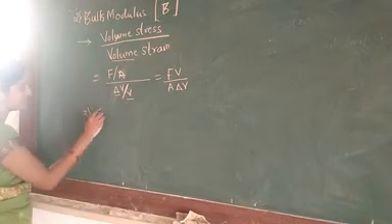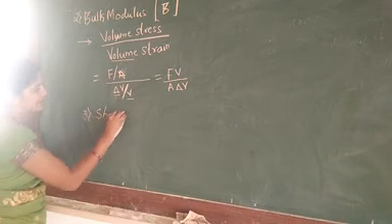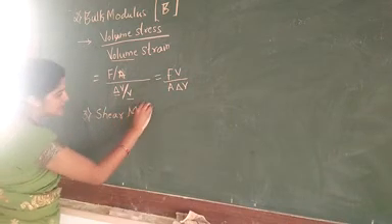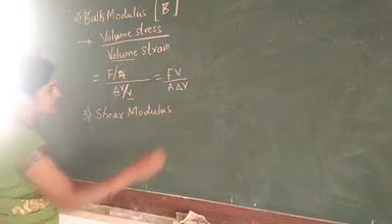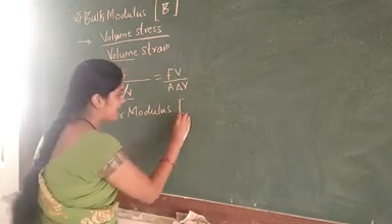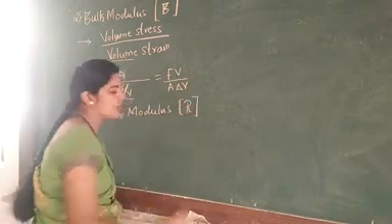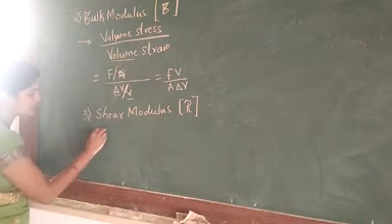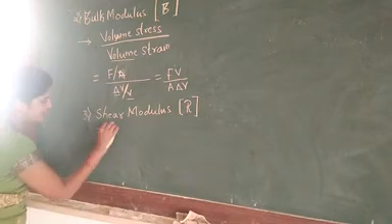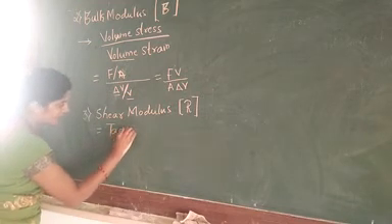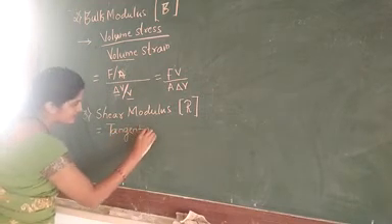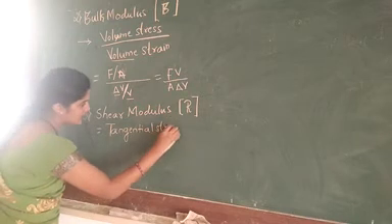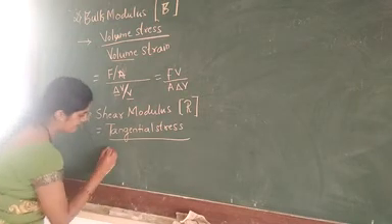And the last one is the shear modulus. The shear modulus is denoted by capital R. Capital R means shear modulus. According to the definition, it is the ratio of the tangential stress by the tangential strain.